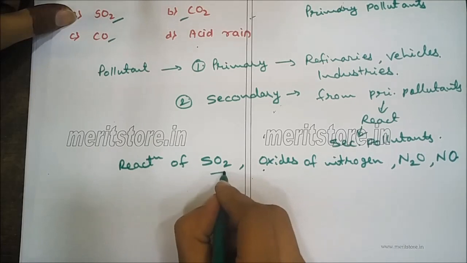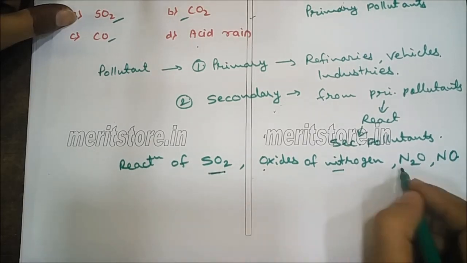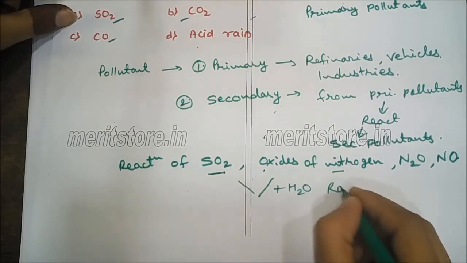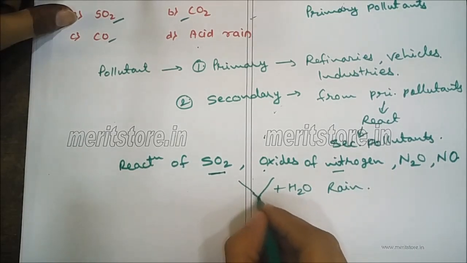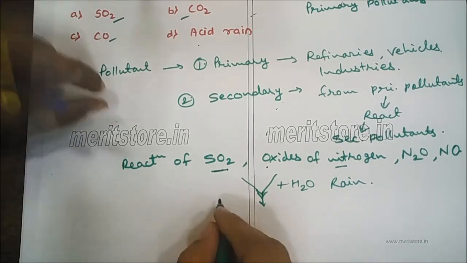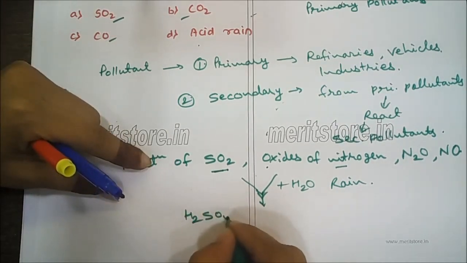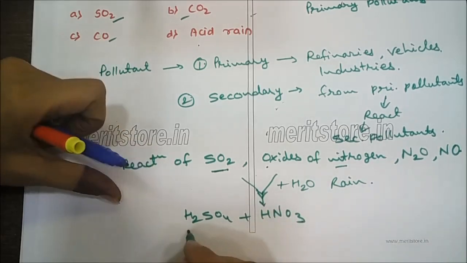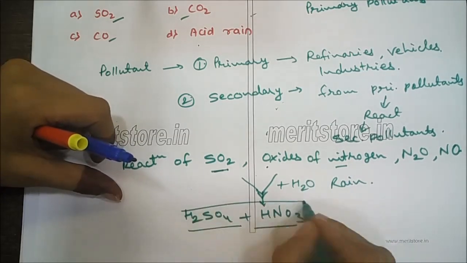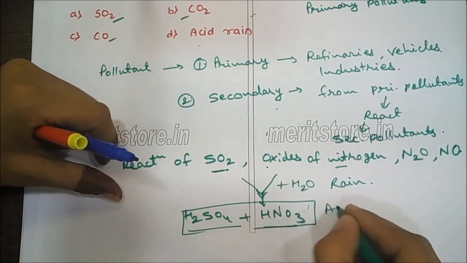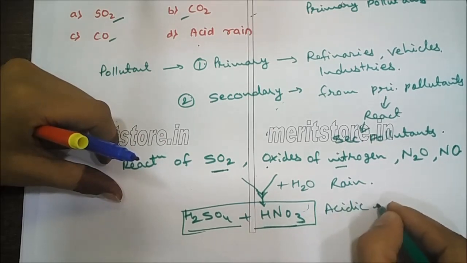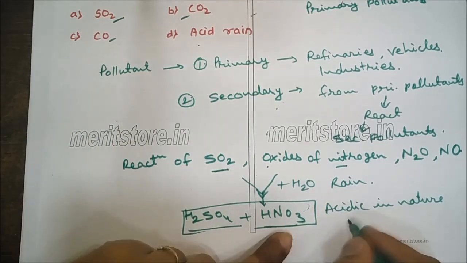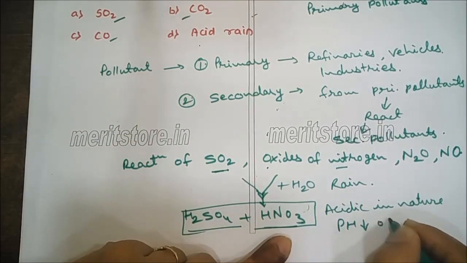These oxides of sulfur and nitrogen react with water of rain, and this results in the production of sulfuric acid and nitric acid, and these chemicals are acidic in nature. So there will be a decrease in pH of rainwater.